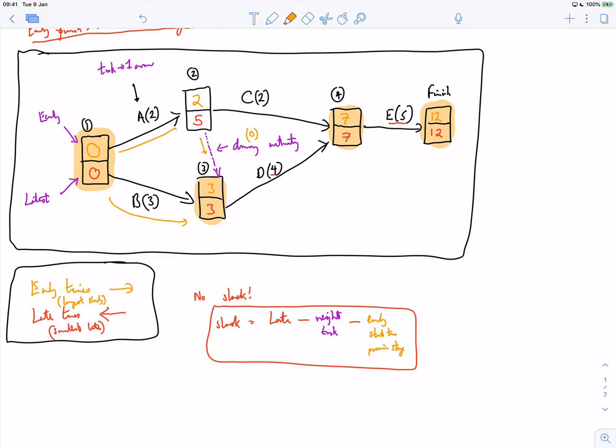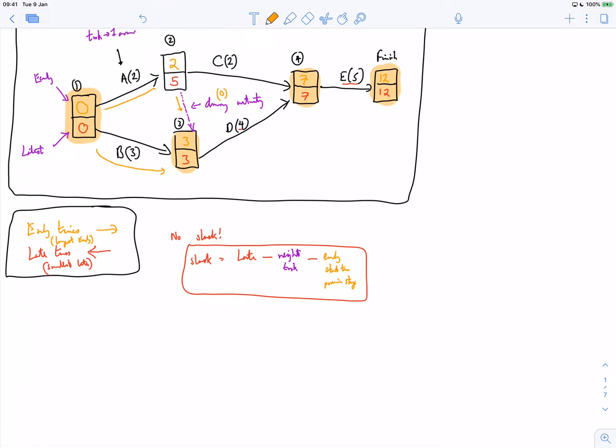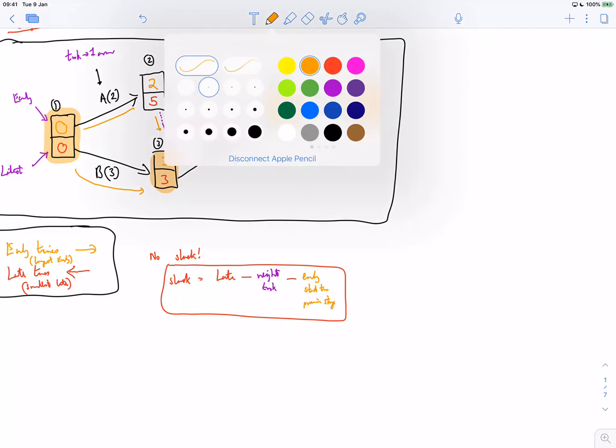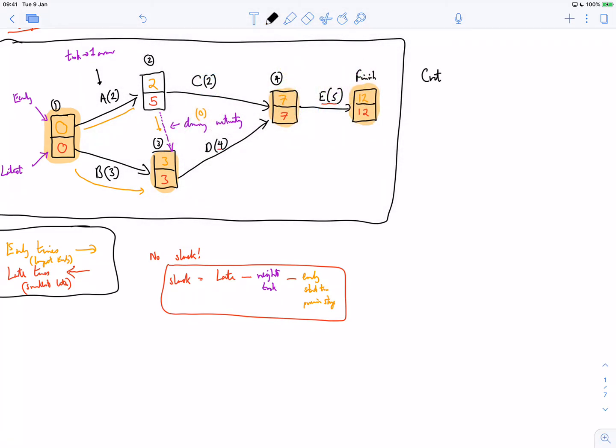Now, what this means is that we're going to introduce a concept called the critical path, i.e., these are the activities you cannot afford to delay without the overall project being late.